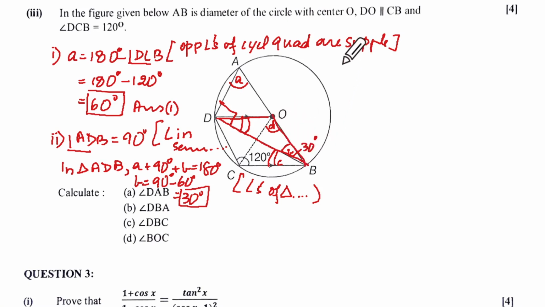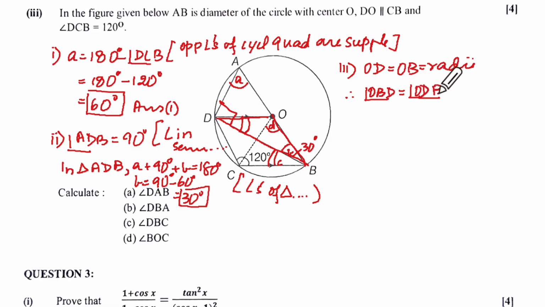Yes, ma'am. So OD equal to OB equal to radii. Therefore, in triangle OBD, angle ODB equal to small b. Reason: angles opposite equal sides are equal. Very good.